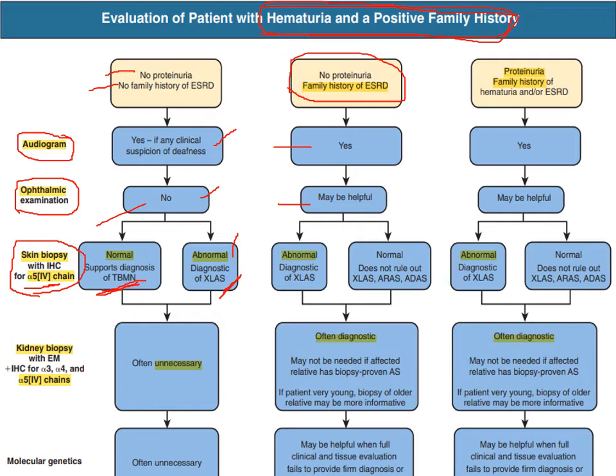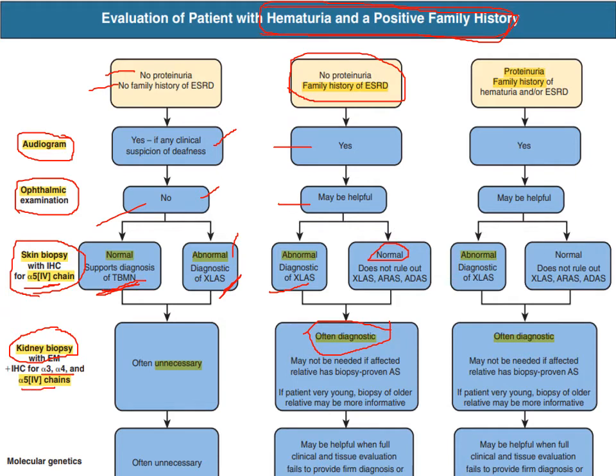But if it is normal, it might be a normal patient or autosomal recessive. So in this condition, we will need kidney biopsy to differentiate between normal and autosomal recessive patients. In autosomal recessive patients, we should stain for alpha 3, alpha 4, and alpha 5.